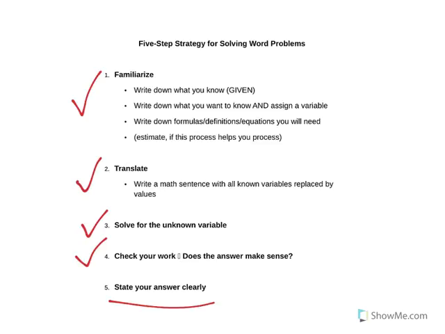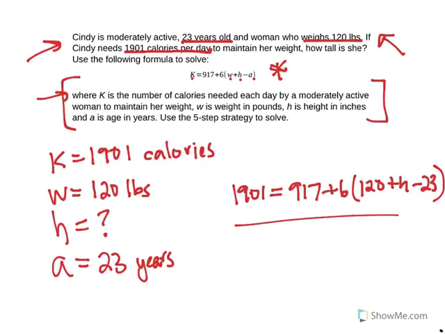Finally, we just need to state our answer clearly. So for this problem, we got that h equals 67. So that means that Cindy's height is 67 inches.